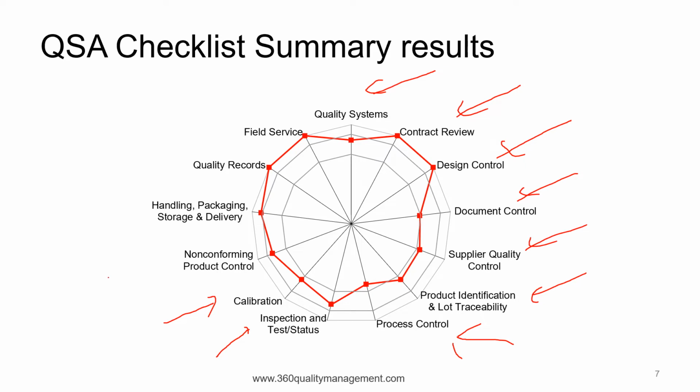characteristics, the non-conforming product control, which is your corrective action and also preventive action, handling, packaging, storage, and delivery of both materials and also finished goods, the quality records to prove that the ISO system or the management system has been carried out accordingly, and it could include field service if your parts need servicing in the field.